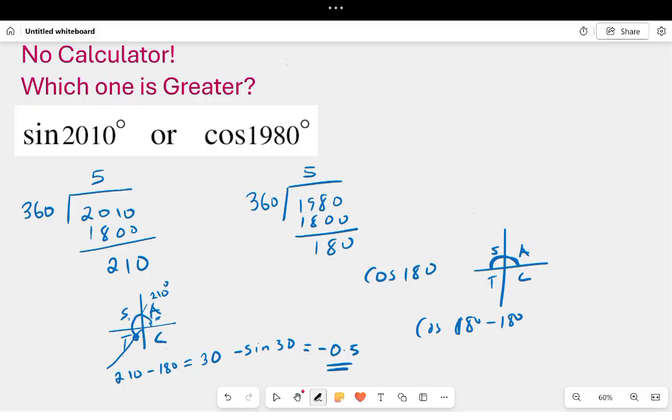Because it was lying in the second quadrant here, it's supposed to be negative, which is just the same as trying to find the negative of the cosine of 0.